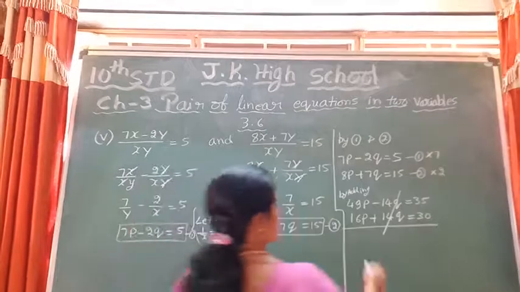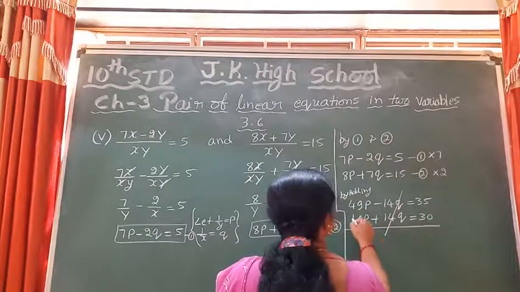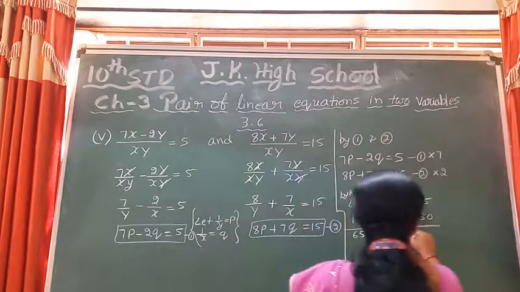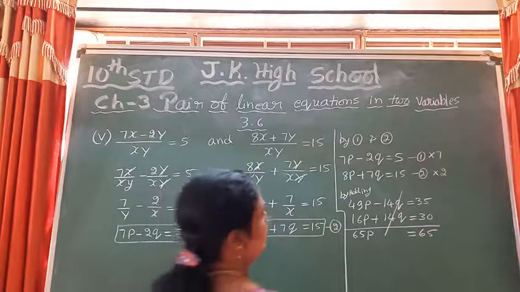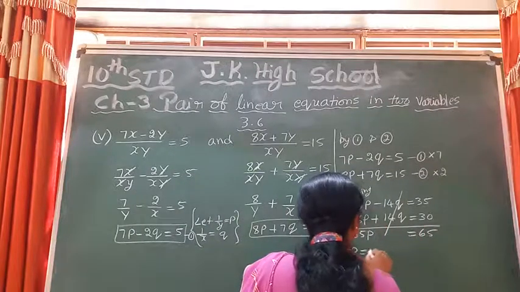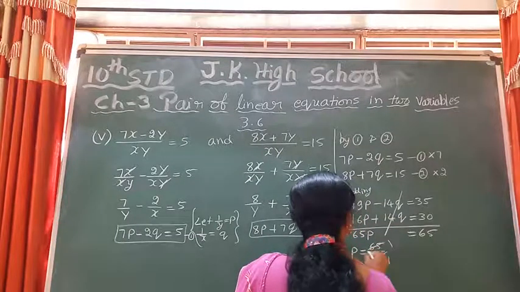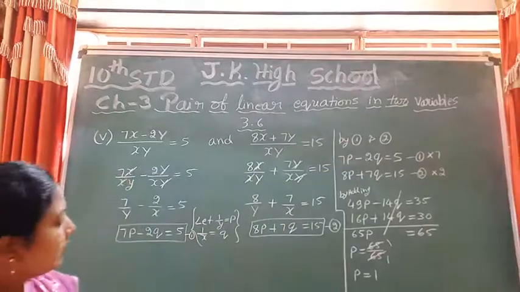So then it becomes 49 plus 16, 9 plus 6 is 15, 1 remains, so 4 plus 1 is 5, it becomes 65p. This is equal to 35 plus 30, 65. So the p value is 65 divided by 65, 65 ones are 65. The p value I got is 1.